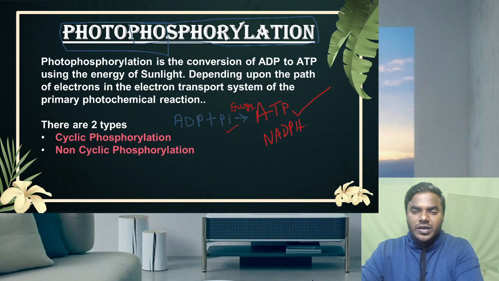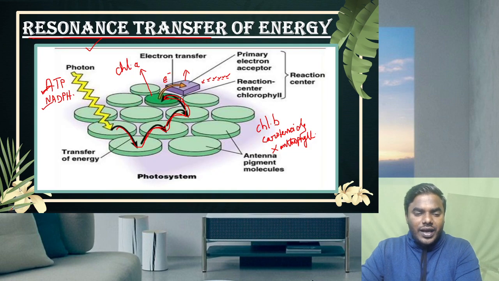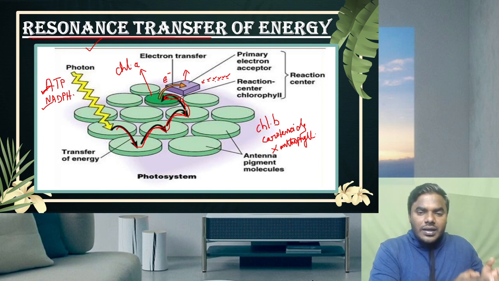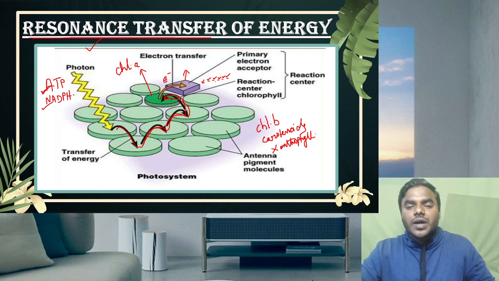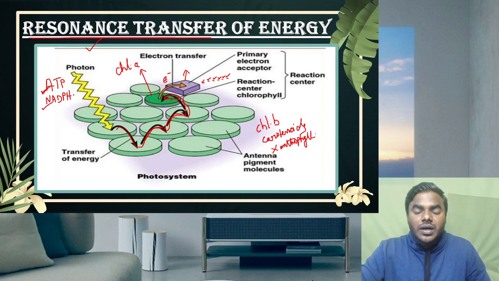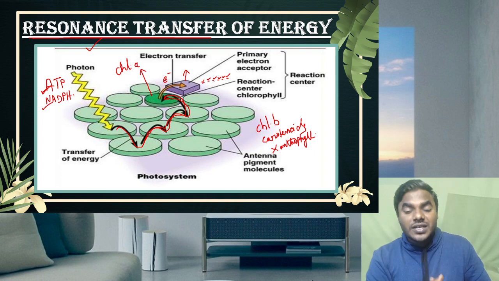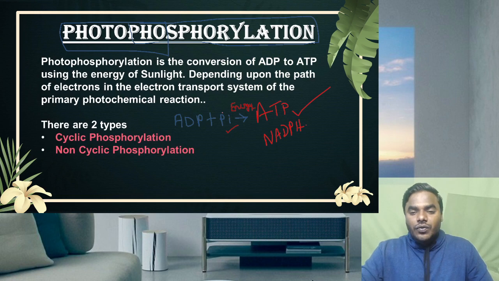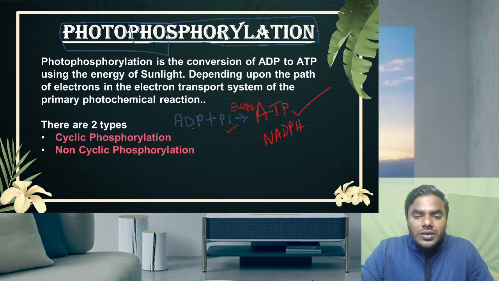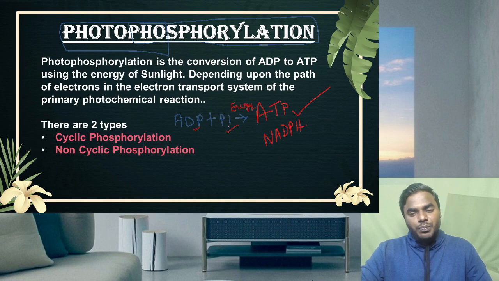Just now I told you, whenever electron is moving from one electron acceptor to another electron acceptor, there is a loss of energy.